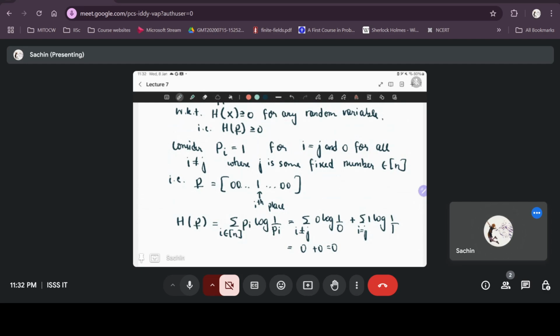And if h of vector p is 0, that means that p i log 1 over p i is 0 for all i, because p i log 1 over p i is greater than or equal to 0. So the sum of non-negative entries can be equal to 0 only if the entries are all 0, which means that the p i's are all zeros or ones.